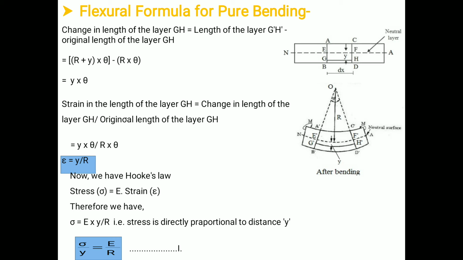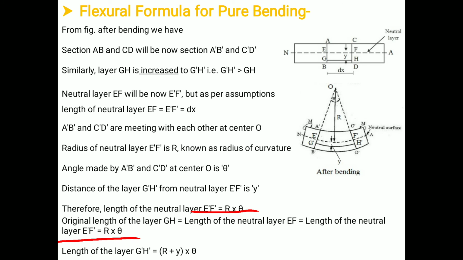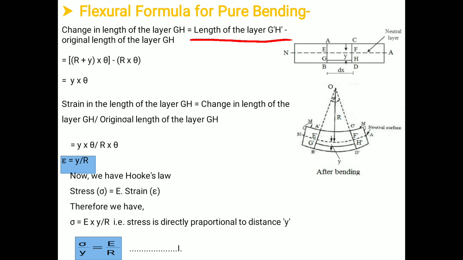Now, as we have already calculated the length of layer G dash H dash, which is given by R plus Y theta, we use this equation: R plus Y into theta minus the original length of GH, which is R into theta.